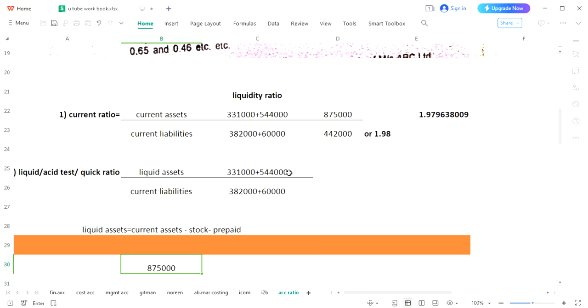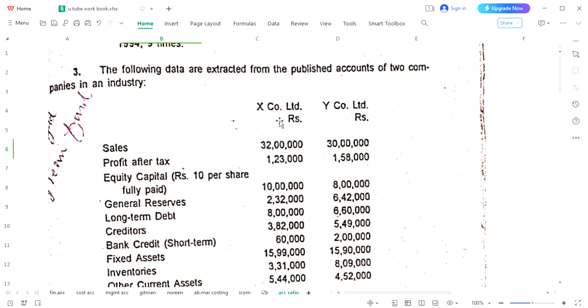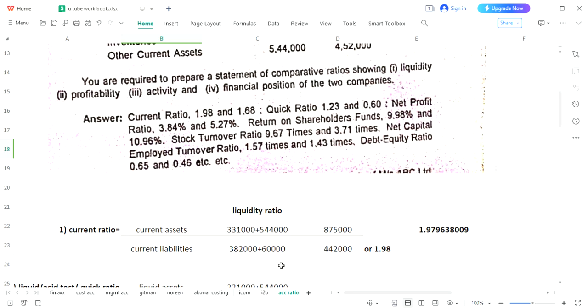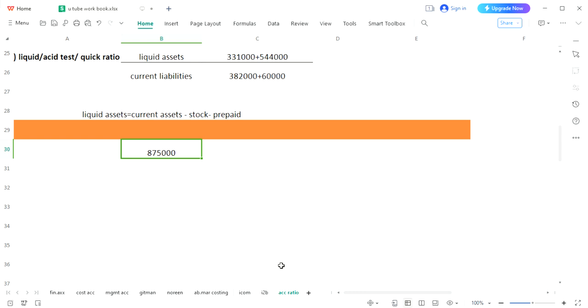Let's go back and see inventories. Stocks are 331,000, so we will subtract 331,000 from here. With this, we'll be able to calculate liquid assets. As in this question prepaids are not present, you will write 0 for it.